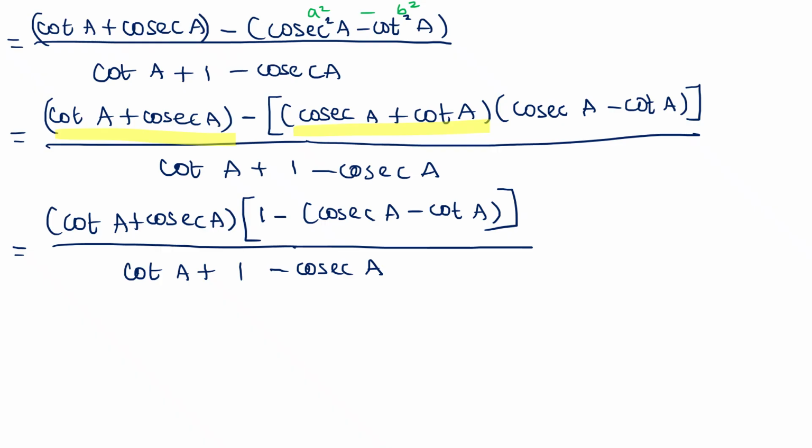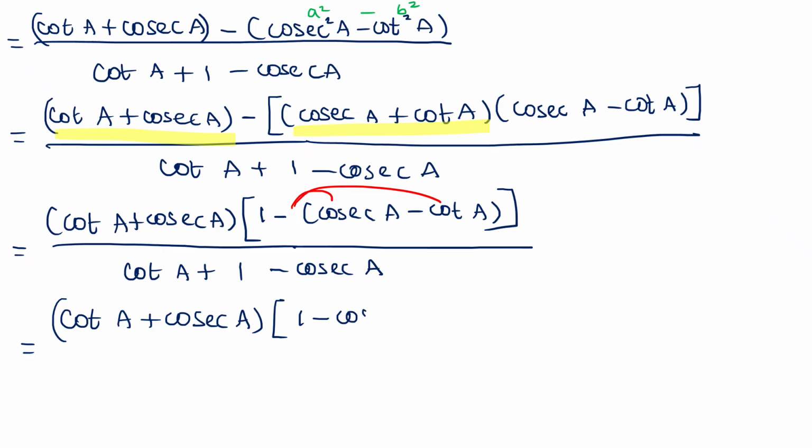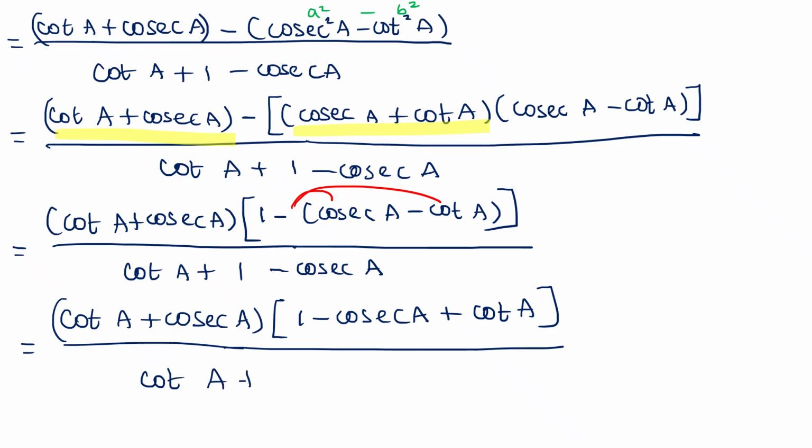So now you understood why we did like that. This minus sign gets multiplied inside, because as we remove the bracket, the signs of the terms inside get changed. So you will have cot A plus cosecant A, and here 1 minus cosecant A plus cot A, that whole divided by cot A plus 1 minus cosecant A. Now this complete term in numerator and denominator will get cancelled off.